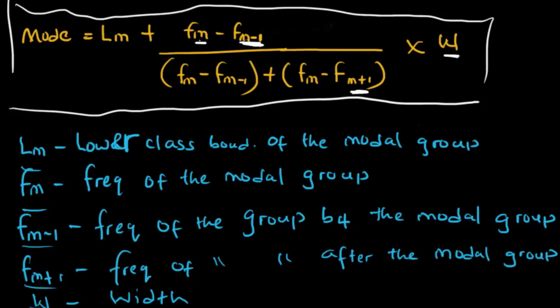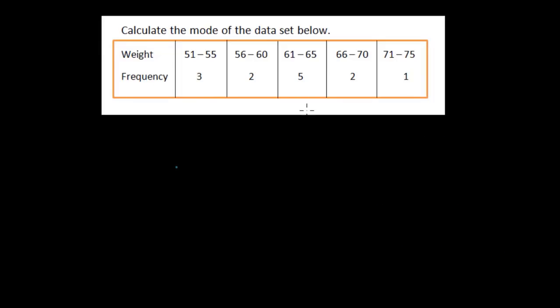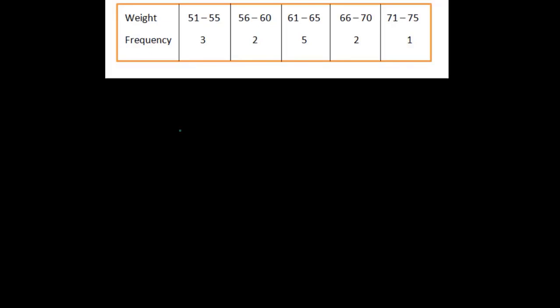Let's take an example and see if we can explain the formula. I've got this question: calculate the mode of the data set below. We have weight and frequency. So the first thing we want to do is to turn this into a vertical table. So let's try to solve this. We've got weight, and then we have frequency.